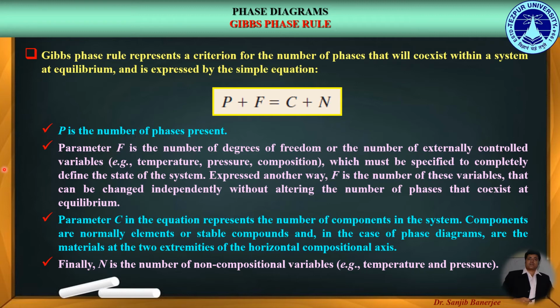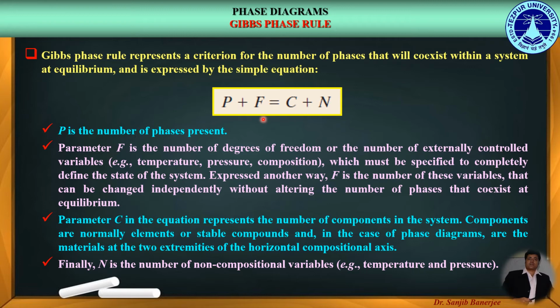With respect to the phase diagram, Gibbs phase rule represents a criteria for the number of phases that will coexist within a system at equilibrium, and it is expressed by the simple equation of P plus F equals C plus N, where P is the number of phases present, the parameter F is the number of degrees of freedom or the number of externally controlled variables, example like temperature, pressure, composition, which must be specified to completely define the state of the system.